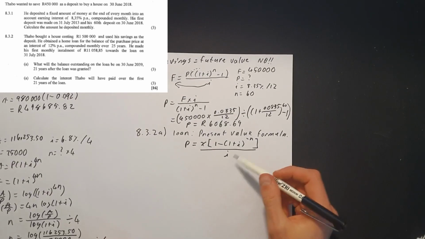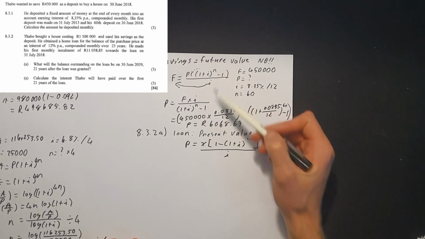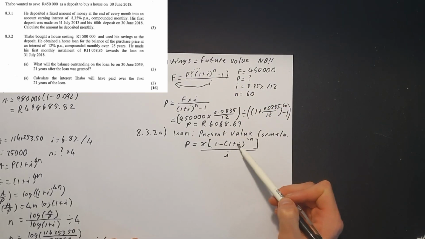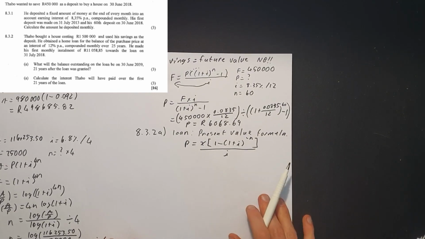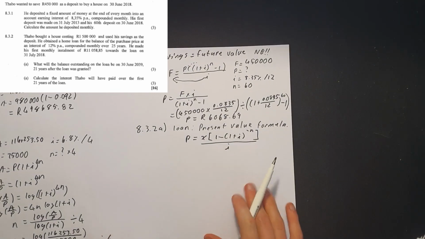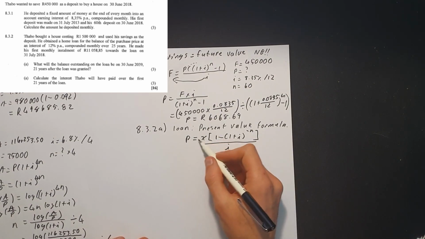So it's very similar to my future value, except the difference is now that I have the 1 minus my interest, and n is to the power of negative n. They've given us that our monthly installments are 11,000, so that's going to be x.